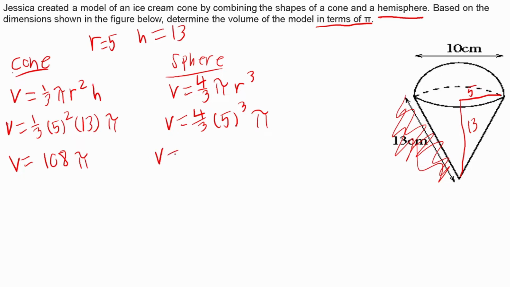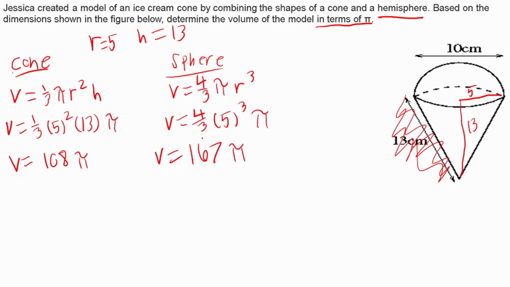And then for my next one, we plug in 4/3 times 5 cubed. That's it, not times anything. That's going to give me 166.7, but we're going to round up to 167 pi.